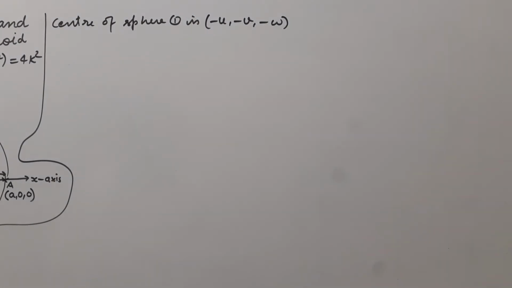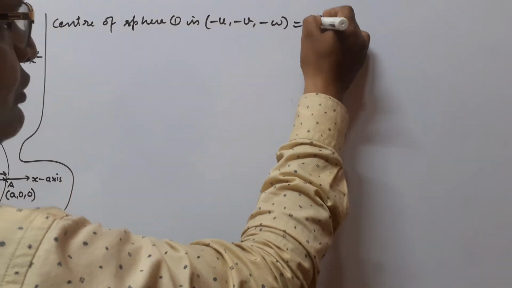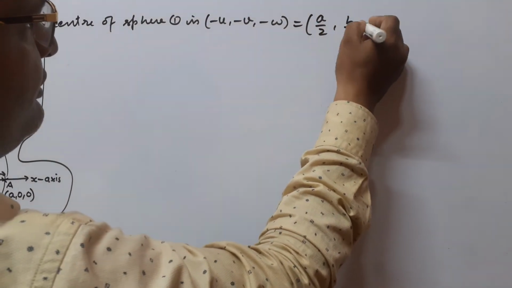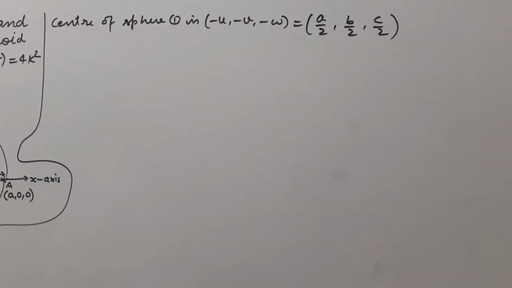Now we put here the values of u, v, w, so we get a by 2, b by 2, c by 2. We know that if the equation of the sphere is x square plus y square plus z square plus 2ux plus 2vy plus 2wz plus d is equal to 0, then the center of the sphere is minus u, minus v, minus w. And here we can see that the values of u, v, w are minus a by 2, minus b by 2, minus c by 2.